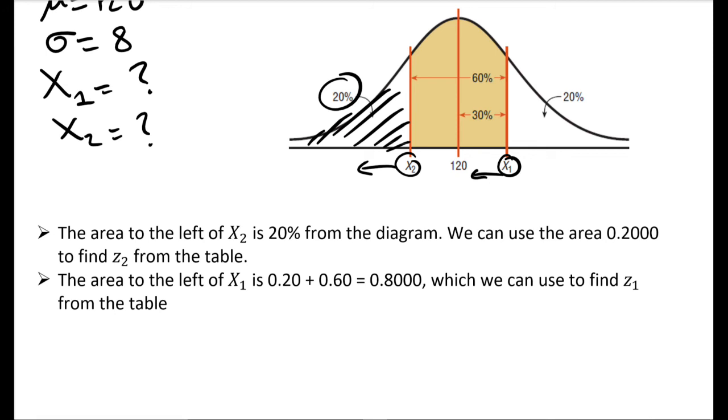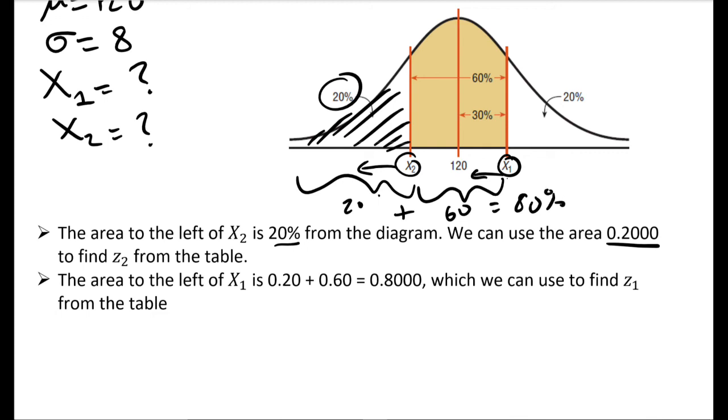Now we can convert the 20% to 0.2000. Now the area to the left of x1 is the 60% here plus the 20% there, for a total of 80%. So this time we want to use 0.8000 for that area.